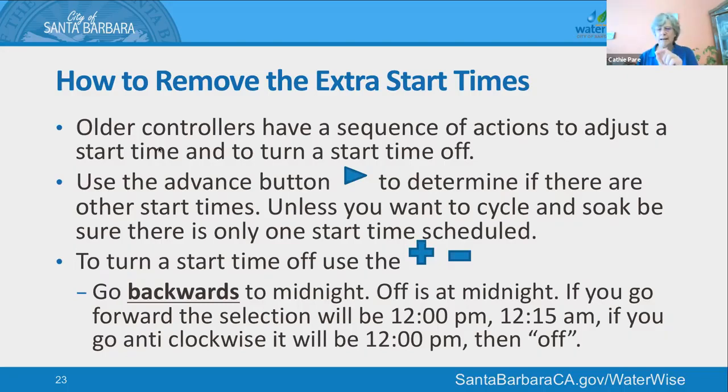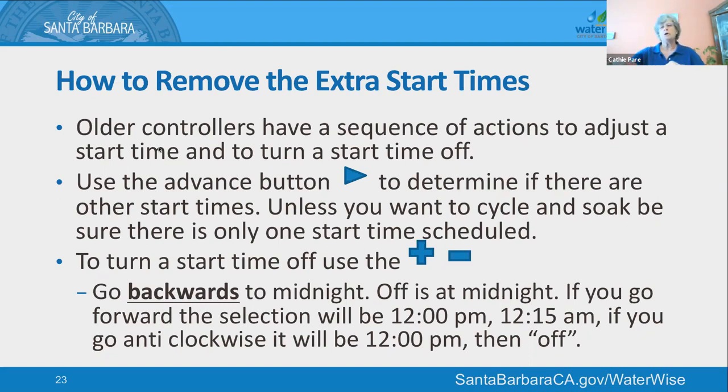So using the minus button, there's a plus and a minus button for the time. If you push the minus button, it'll go 11:45, 11:30, all the way around. You can just hold it down, it'll speed around. Go all the way back to 11:30, push the button, 11:45, midnight, one more time, it'll say off.